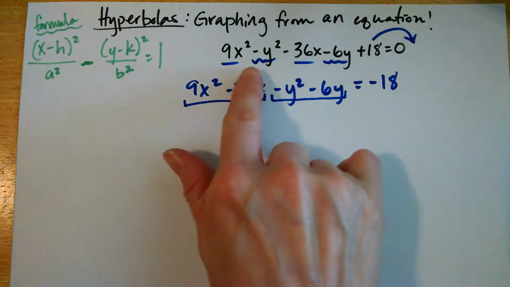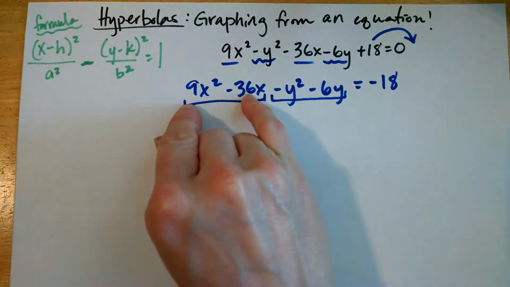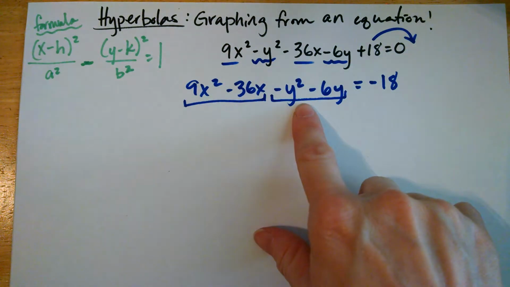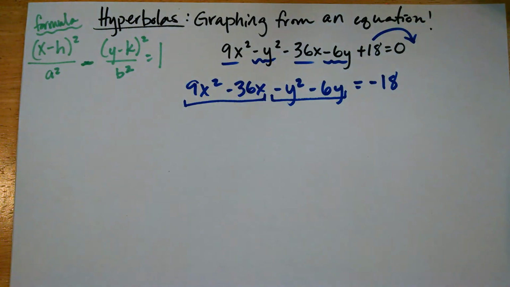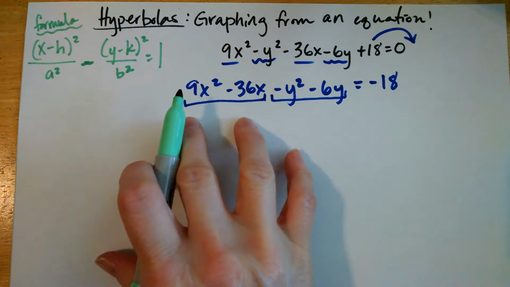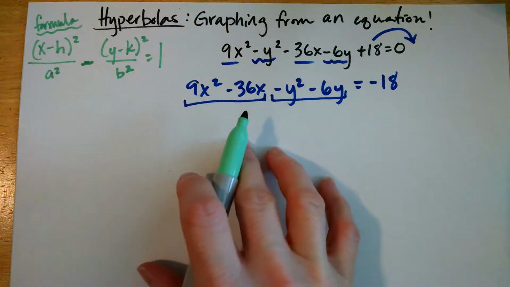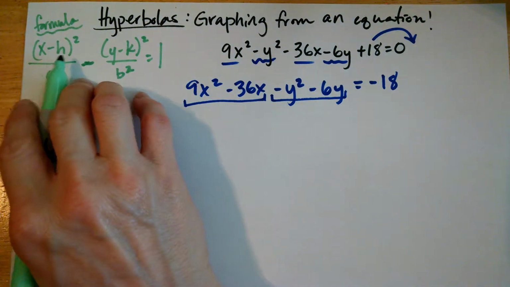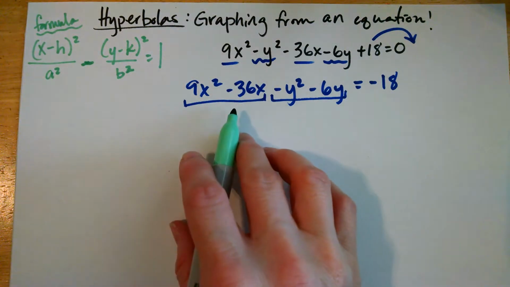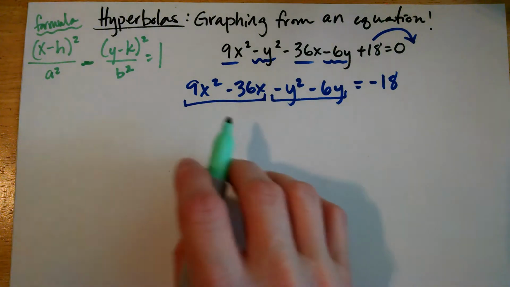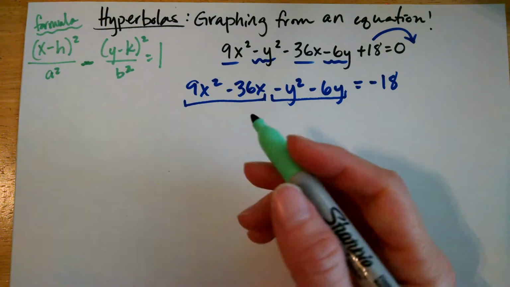Okay, so what I've done here is I've grouped my x terms together and I've grouped my y terms together and I've moved this constant to the other side here. Now I'm going to pick up from here and focus on my x terms and try to factor something out. I want to get it to a binomial squared, which means I'd like to break down these coefficients to see if we can get smaller coefficients so we can complete the square.